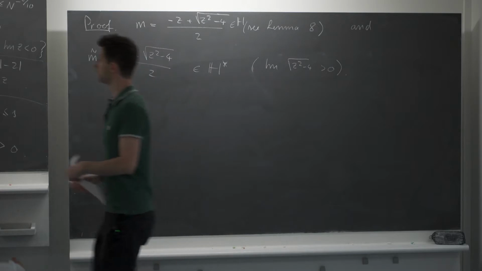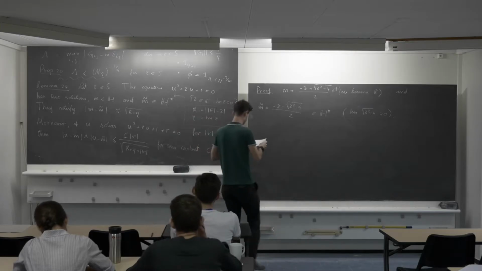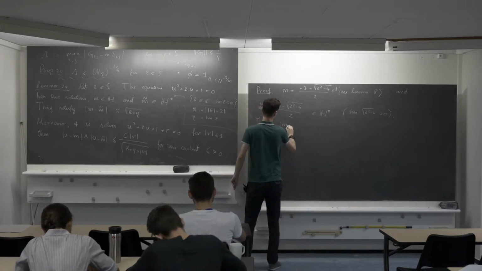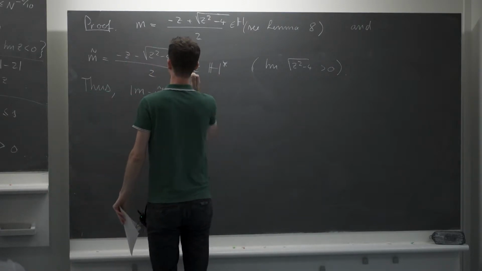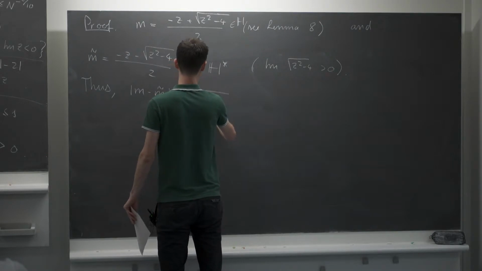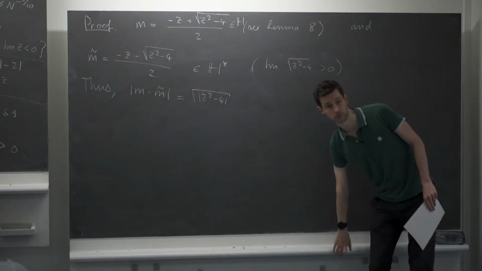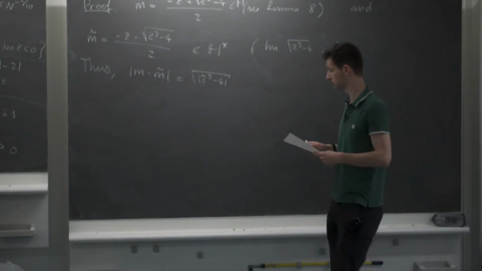Then I need to verify this, but this is easy. So if I take their difference, I get, right, the absolute value of the square root is equal to the square root of the absolute value. That's true for any complex square root.